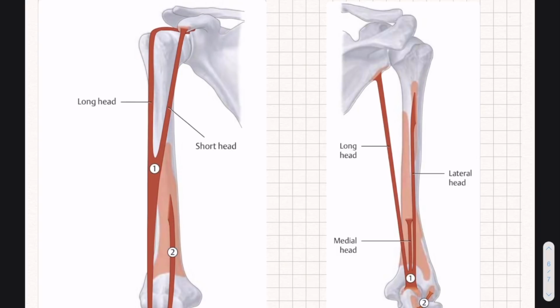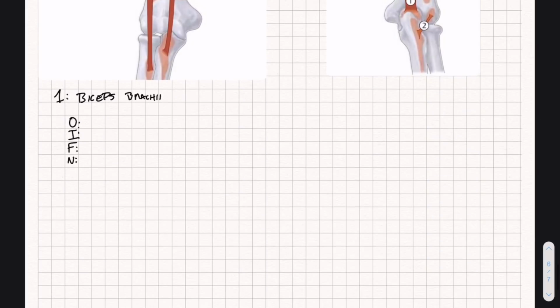So the biceps, bi means 2, sep means heads. So the bicep has 2 heads. The long head originates from this tubercle over here, which is above that glenoid cavity. So we call it the supraglenoid tubercle.